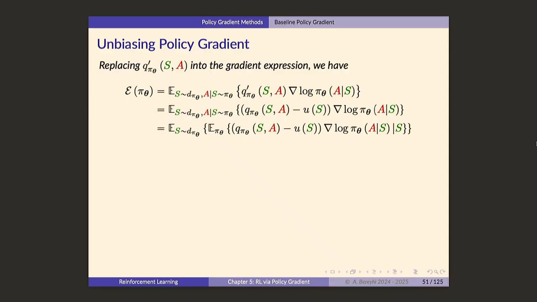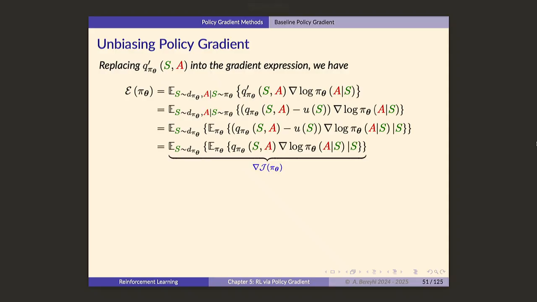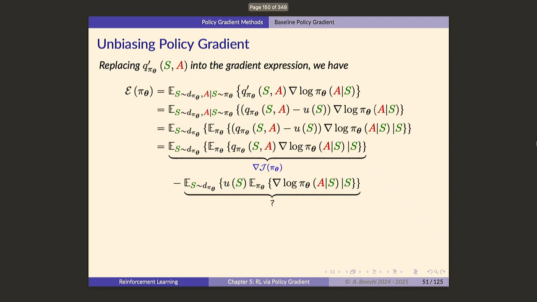Now, next thing. This term that you see inside the brackets: I have brackets Q minus U. So Q times the gradient is one term, and U times the gradient is the next term.